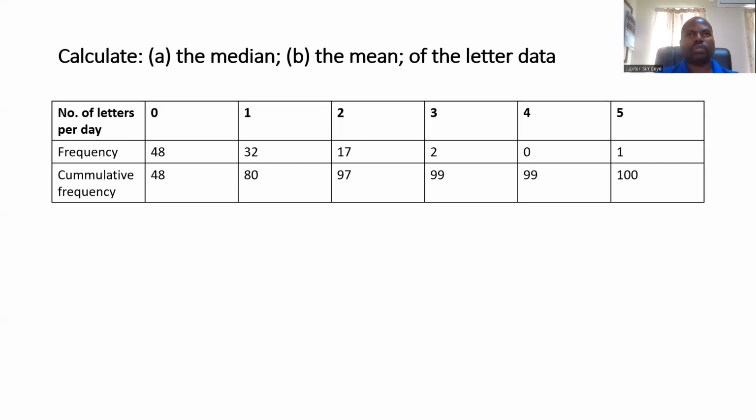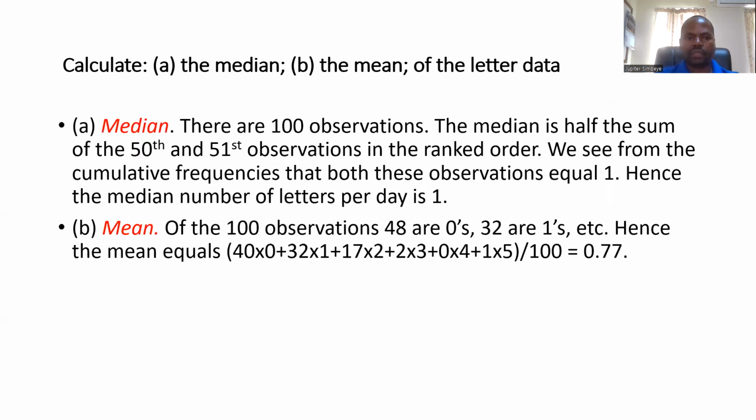And we know that the 2 middlemost numbers will be number 50 and number 50 plus 1. So at position 50, that's the halfway, then 50 plus 1. So for the median, there are 100 observations. The median is half the sum of the 50th and 51st observations in ranked order.